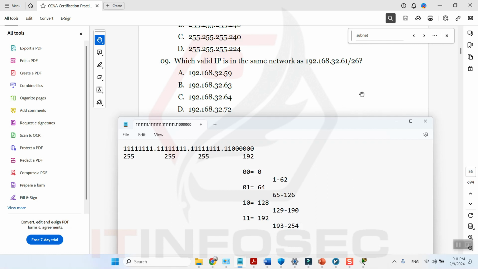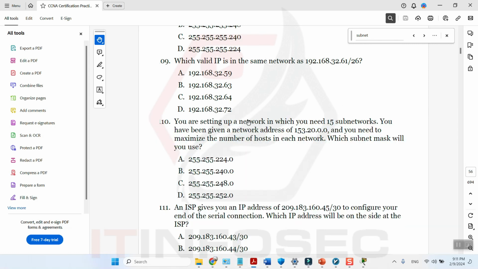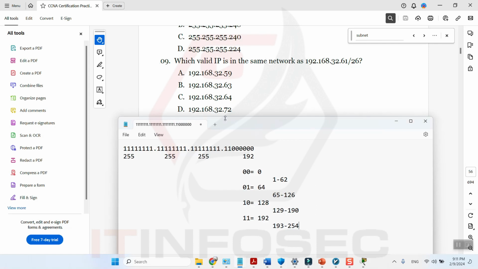Look at the answers. 59 is placed in this range. This is okay.